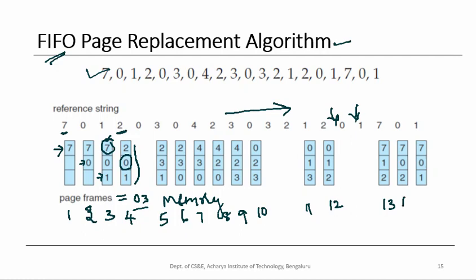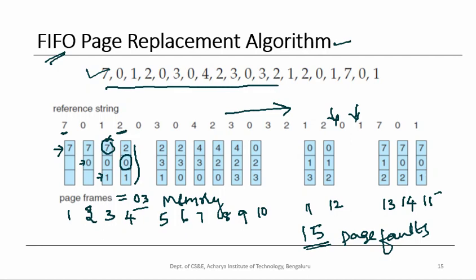There is one here, page fault here, and there's one more page fault here. So therefore there will be 15 page faults in this case. Okay, now let us use the same reference string and see how other page replacement algorithms behave.